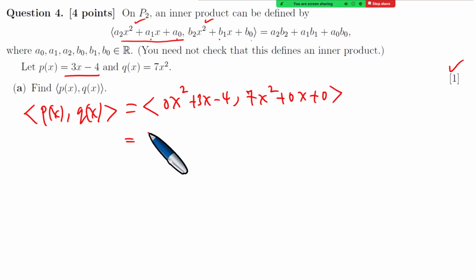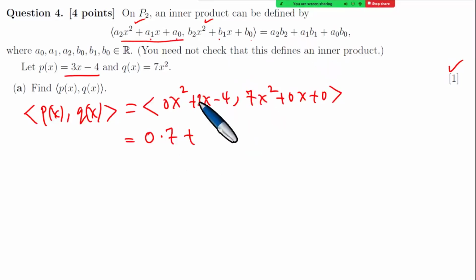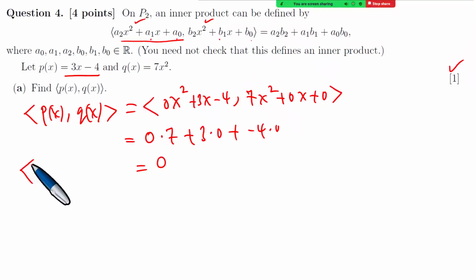So you would multiply 0 by 7, plus 3 by 0, plus -4 by 0. And therefore, what is the answer? It's 0. Check this one. You'd actually be in a position to get 0.